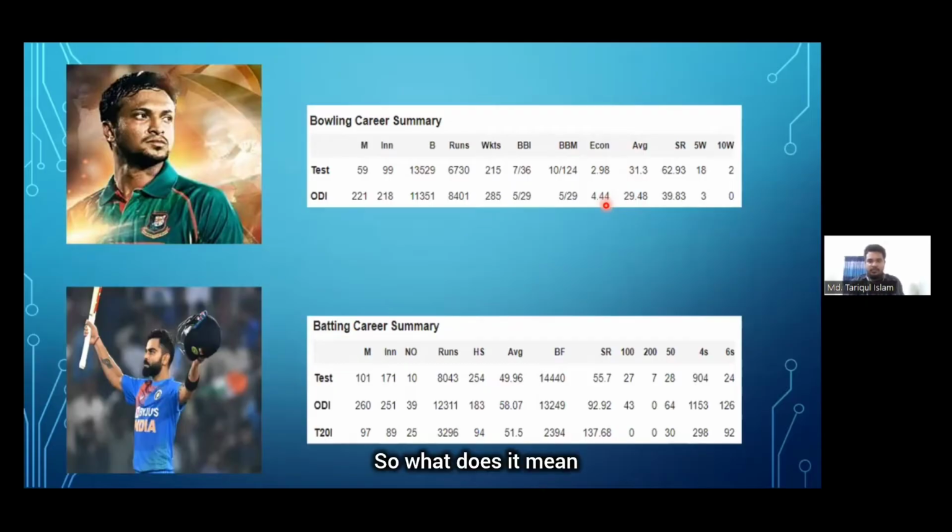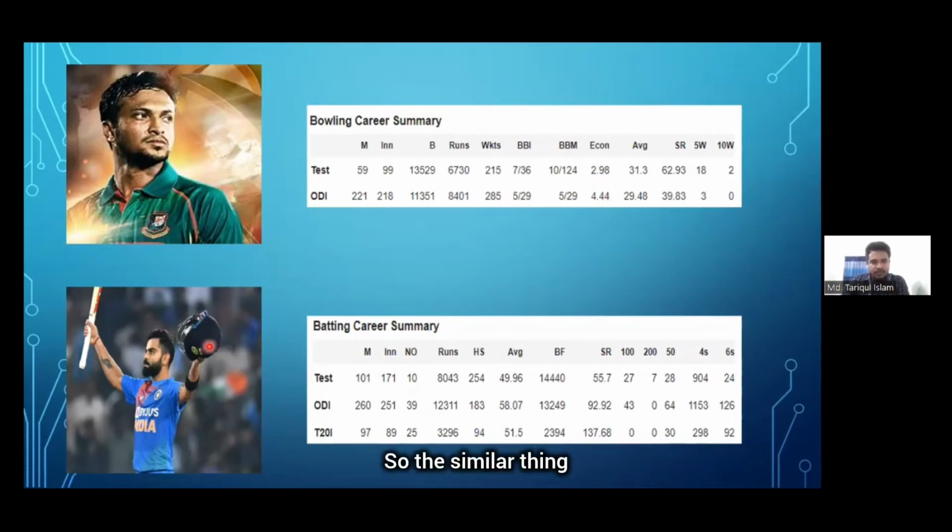So what does it mean? It means that in each over he delivers 6 balls. In test he consumes 3 runs in 6 balls, I mean in an over, and in ODI he consumes almost 4.4 runs in an over, I mean in 6 balls.